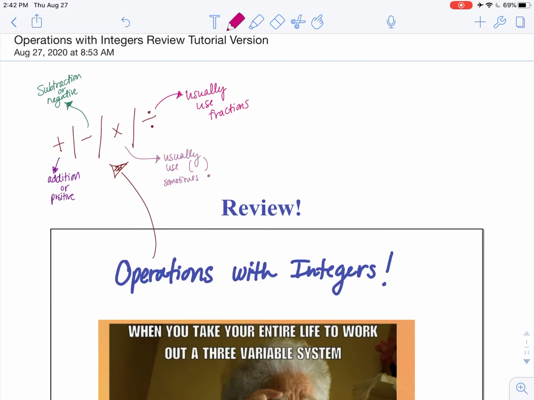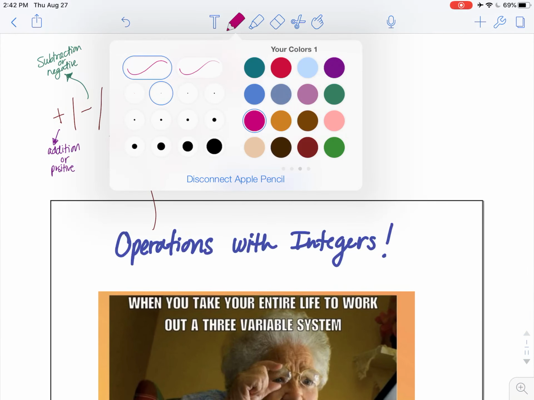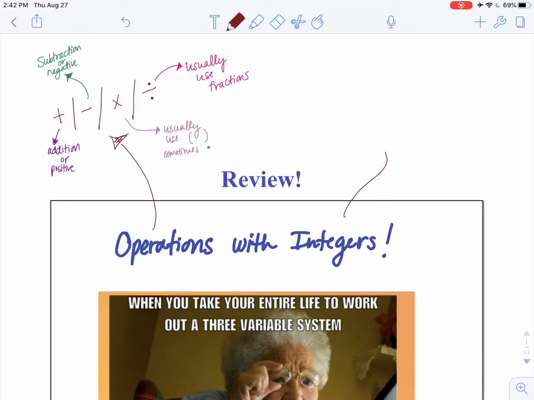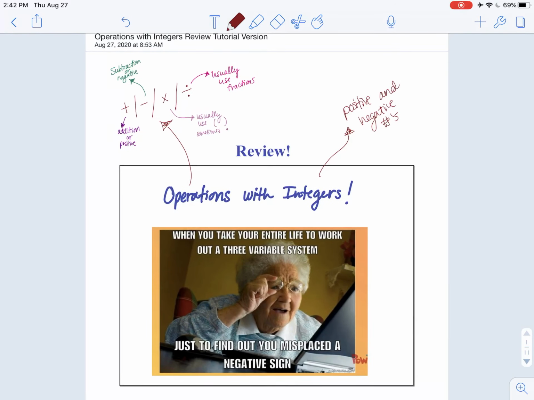So that is what we mean when we are talking about operations. And when we are talking about integers, we are talking about positive and negative numbers. So operations with integers is adding, subtracting, multiplying, and dividing positive and negative numbers.